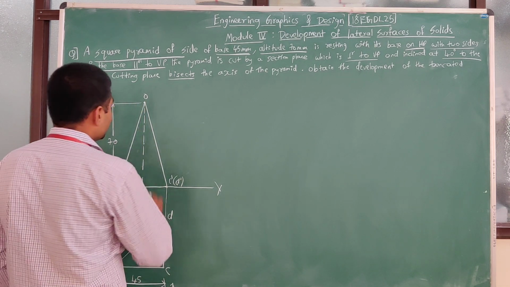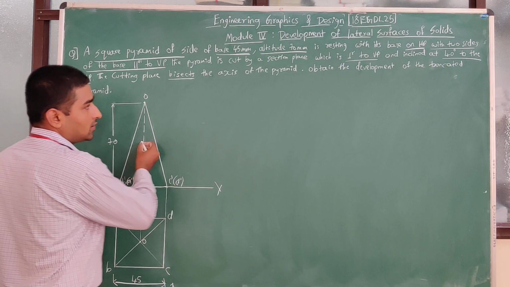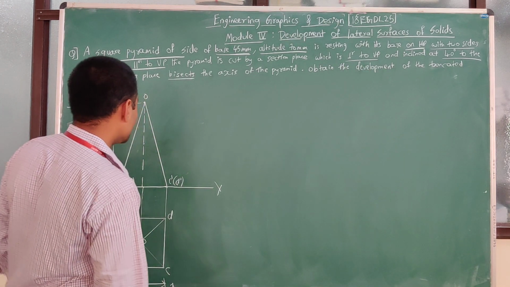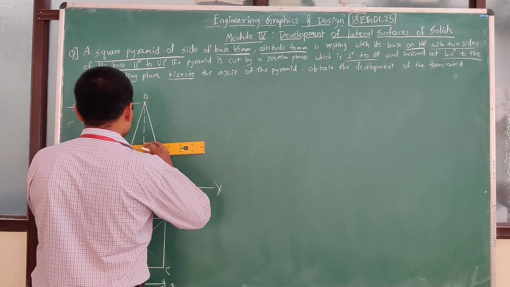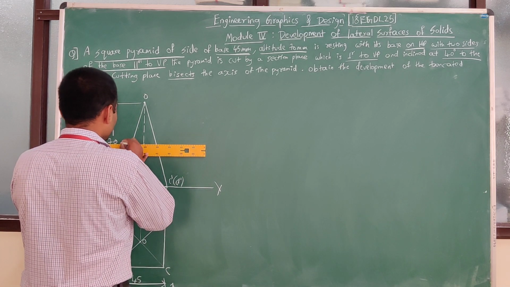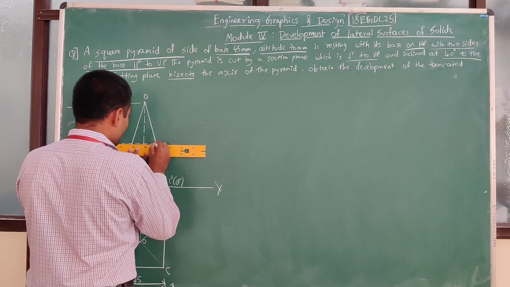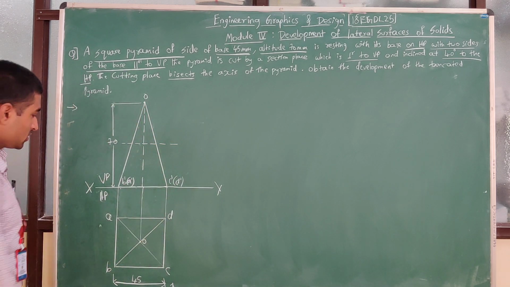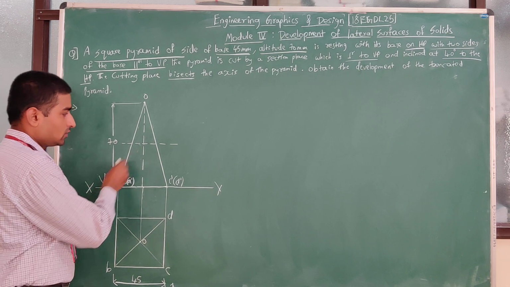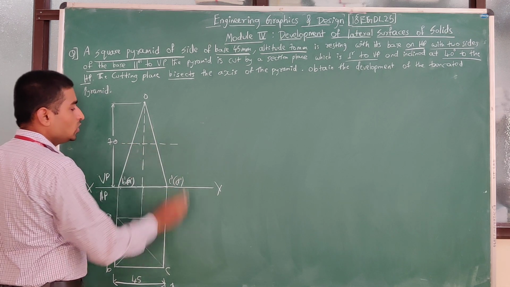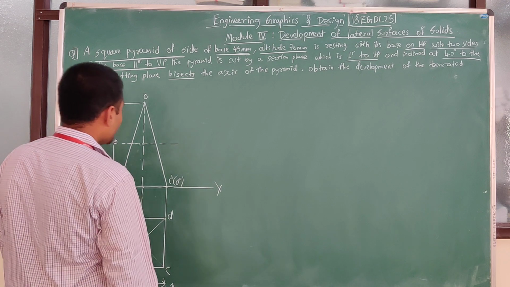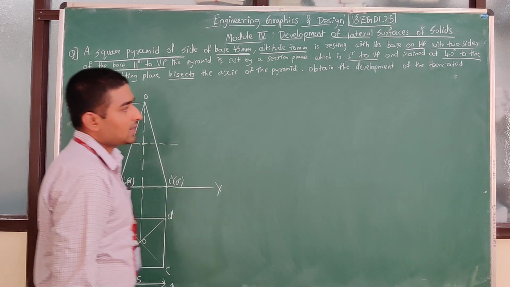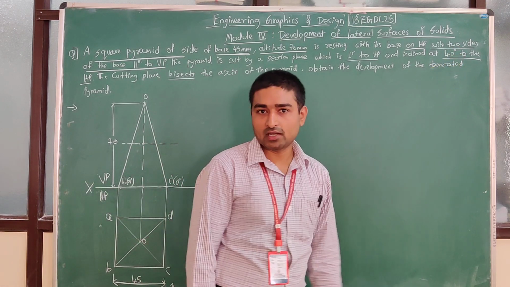And they have said that at this point on the axis, the plane is perpendicular to VP. So plane perpendicular to VP means you are going to draw a line which should be parallel to the XY line. Correct or not? Because VP is on the top side here, right? So if you draw a line, this will be perpendicular to VP. Exactly. Now what you are going to do? Now you are going to keep a protractor at this point and measure an angle of how much? 40 degrees.